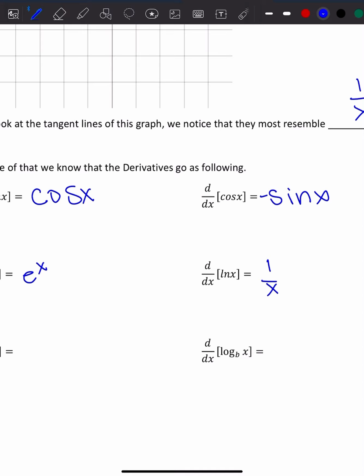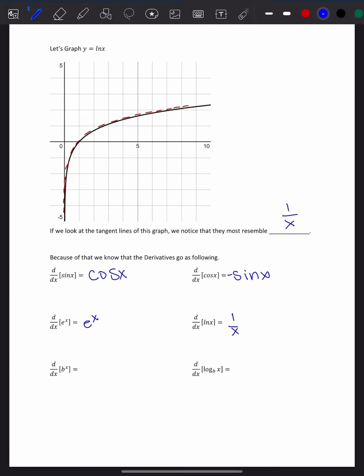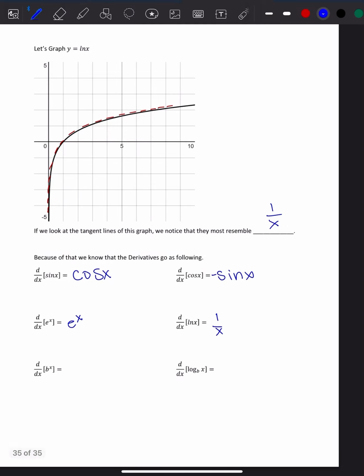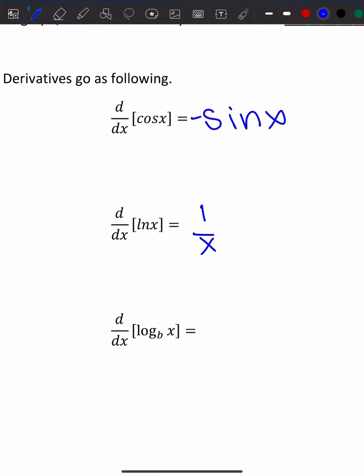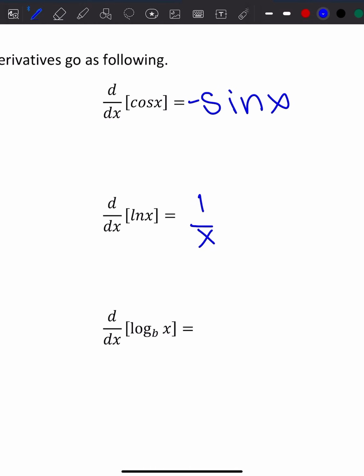So the next thing that we need to talk about is when it's not an exponential e or not a natural log, but log base b. So for log base b, what we are going to find out is that 1 over x is still in our problem. So 1 over x still shows up, but the other thing in our denominator is going to be the natural log of whatever our base is, in this case b.